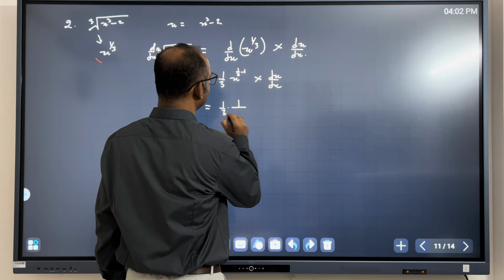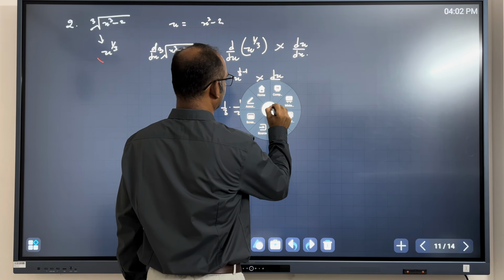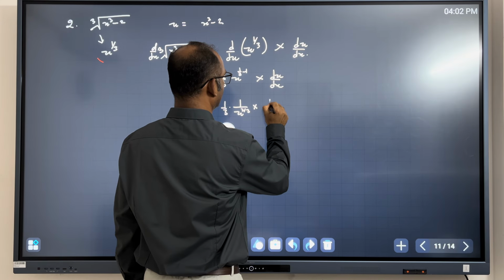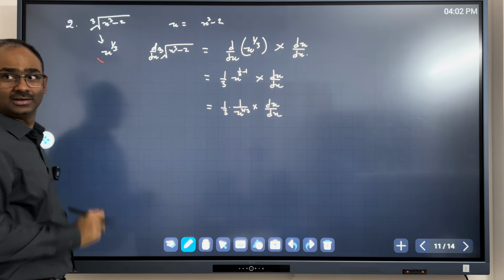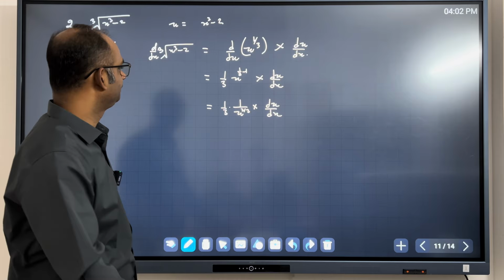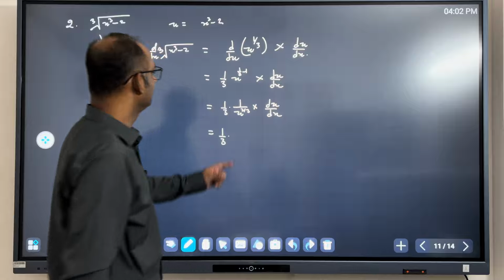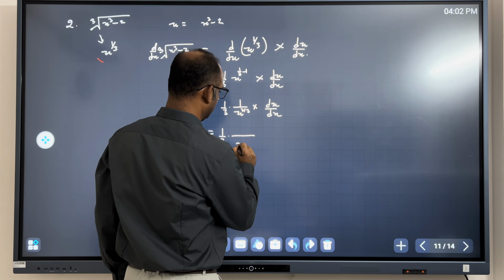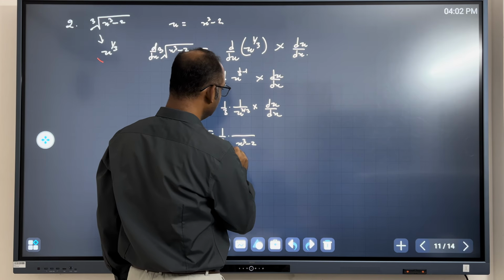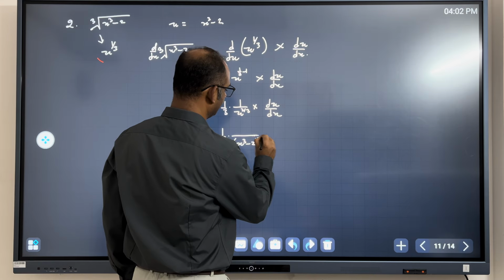So 1 over, is that okay? 1 over 3 times, u is x cube minus 2, so it's x cube minus 2 raised to the power 2 over 3.